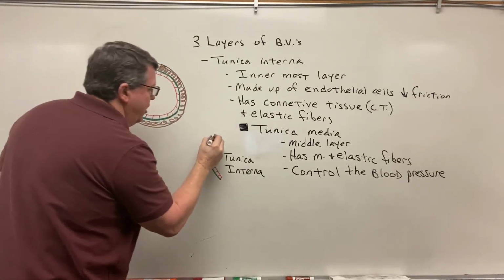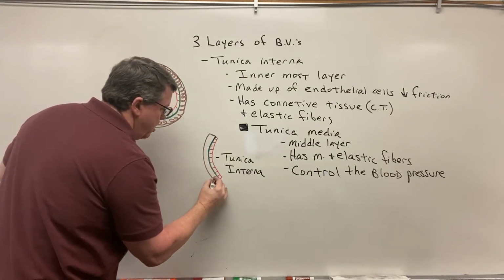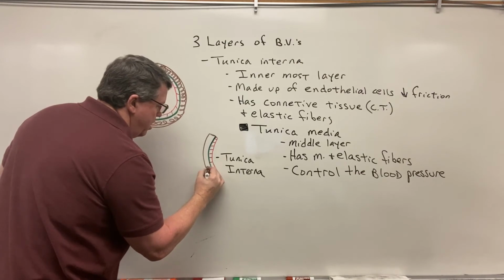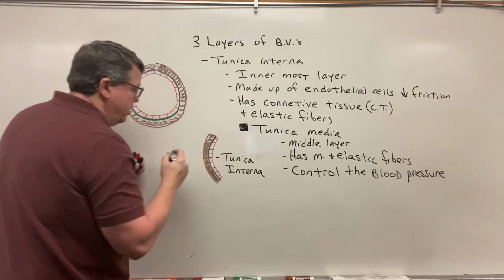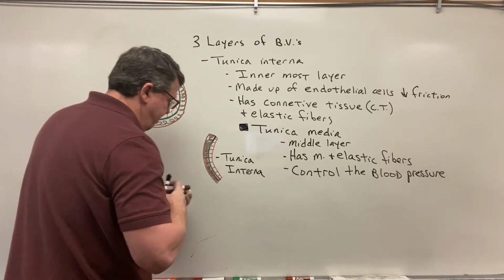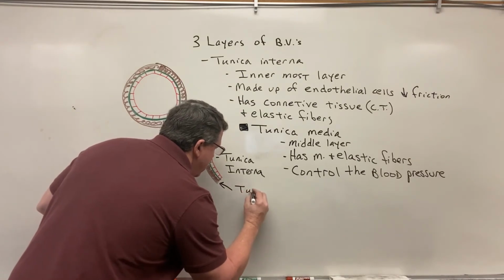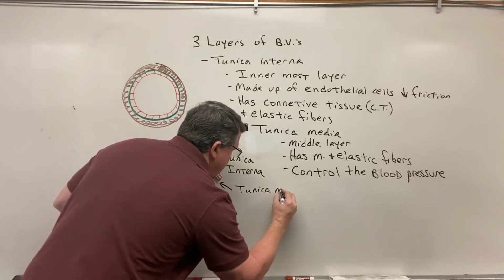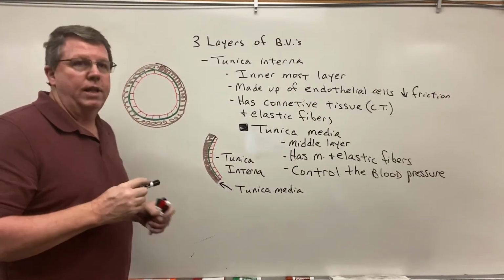Okay, and then I'm going to draw it over here. And so this is my Tunica Media right here. And again, that's my middle layer. It's made up of muscle or elastic fibers.